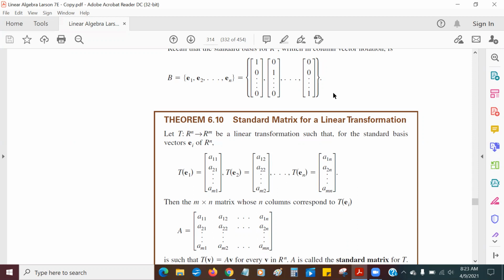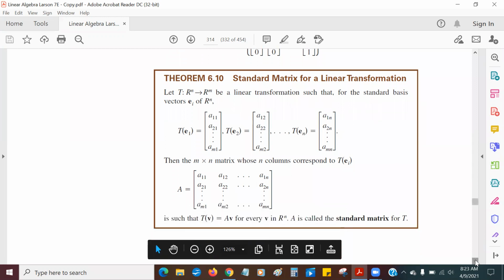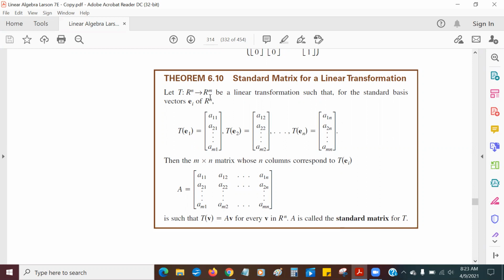Okay, so here's a theorem that's going to be very helpful, theorem 6.10, which is that if T is a linear transformation that goes from Rn, N like November, to Rm, M like Mike, such that for the standard basis vectors Ei, that's our standard basis, 1 0 0, and so on and so forth, T of E1 is equal to this column here, and T of E2 is equal to that column there, dot dot dot, and T of En is equal to this column there.